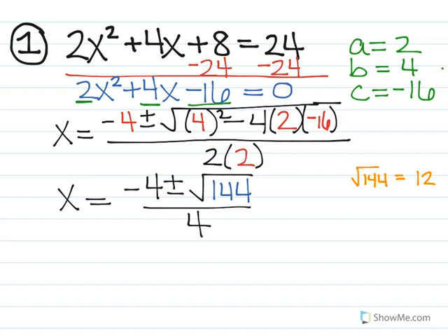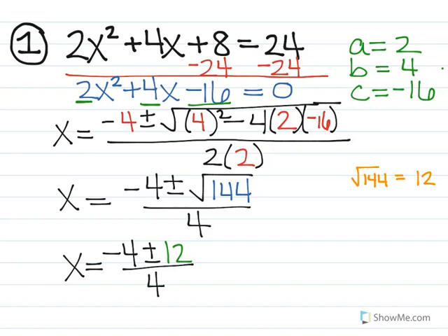So, notice there is no radical with that 12. It disappears because it's a perfect square. So in the next step, we're going to end up with negative 4 plus or minus 12, all divided by 4.